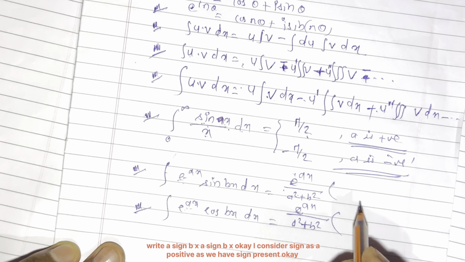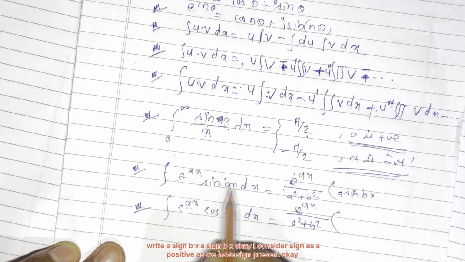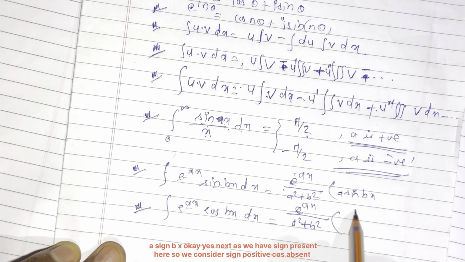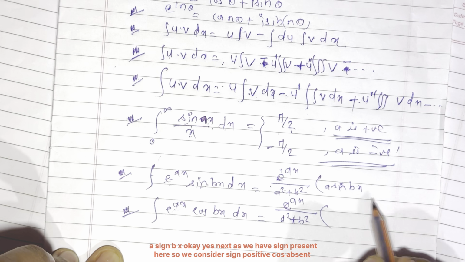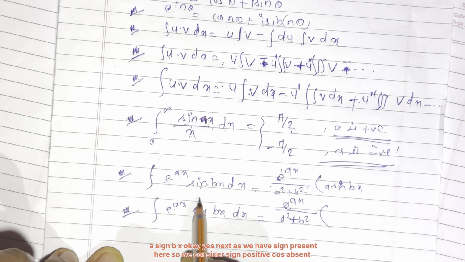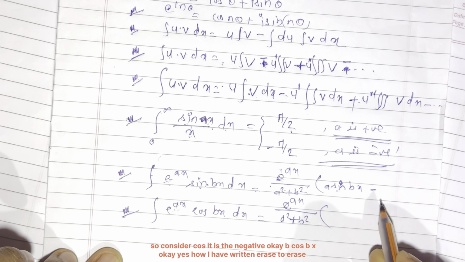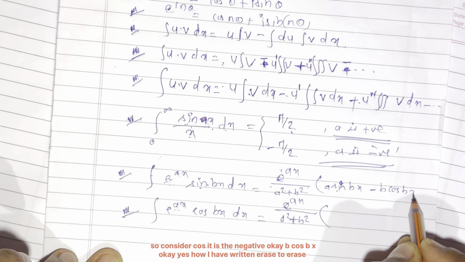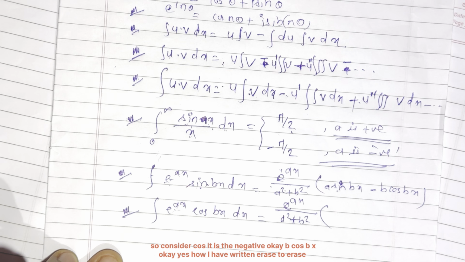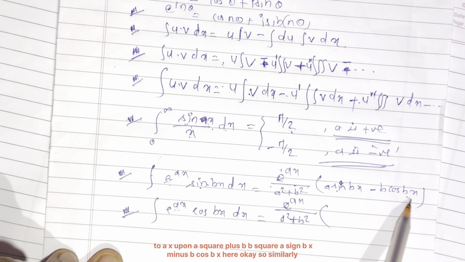So we write a sin bx, as sin is present, and next, as cos is absent, we consider cos negative: b cos bx. This is how I have written e raised to ax upon a square plus b square, a sin bx minus b cos bx.